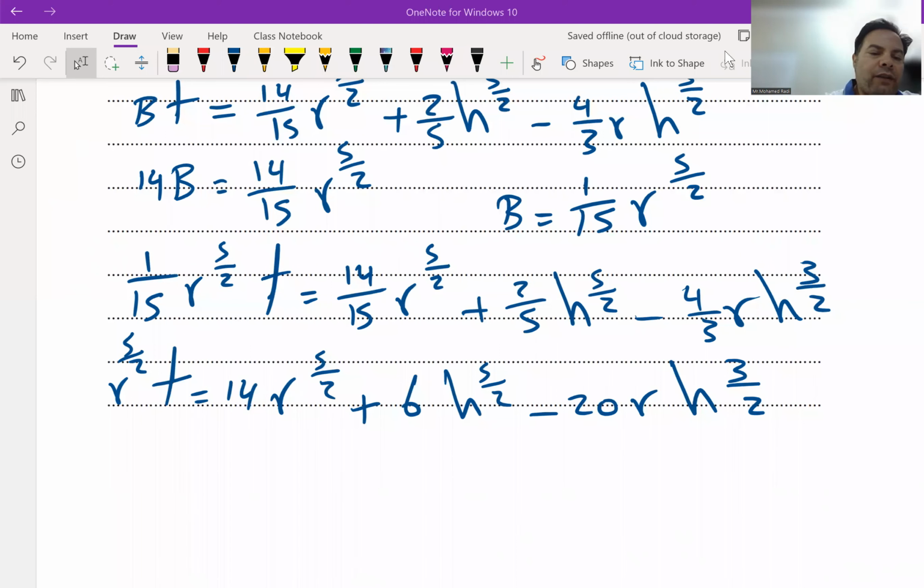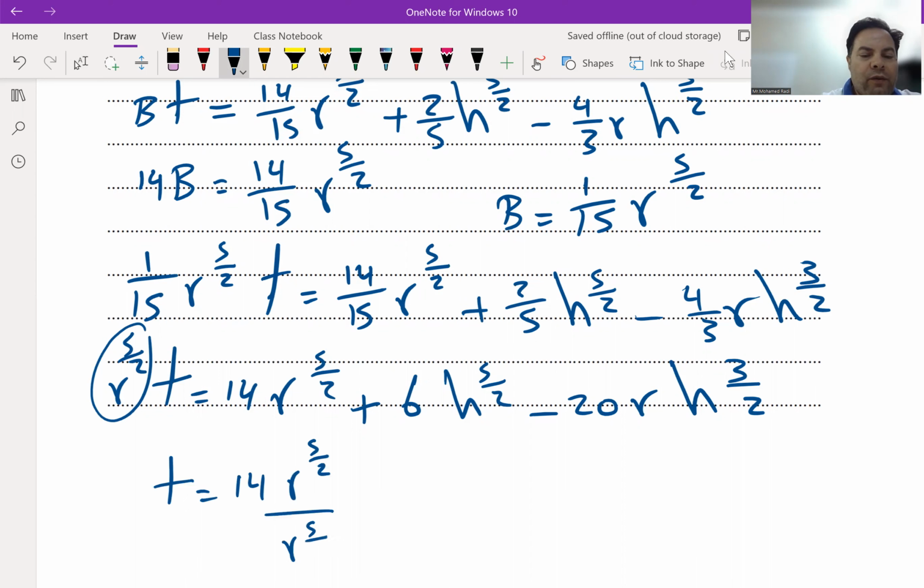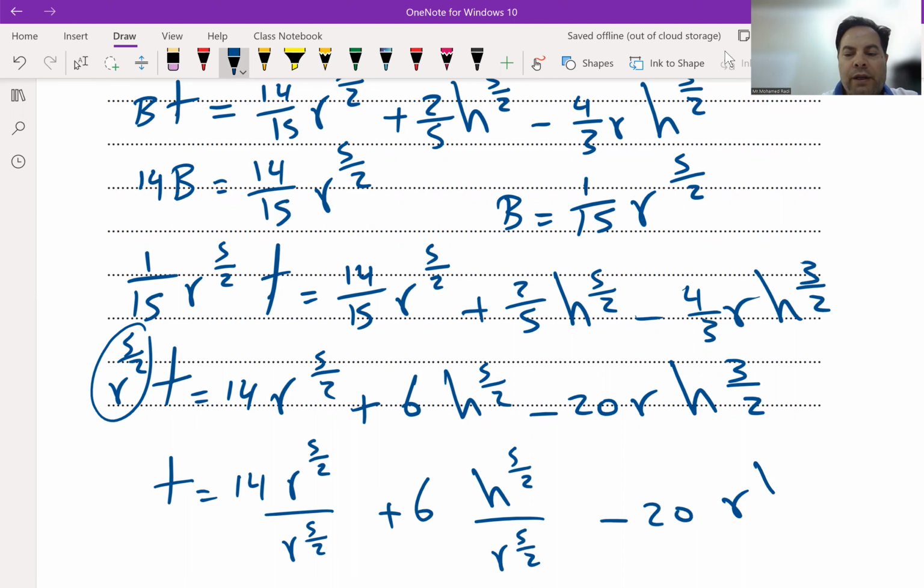Then you can divide by r^(5/2). t is equal to 14 r^(5/2) divided by r^(5/2), plus 6 h^(5/2) divided by r^(5/2), minus 20 r h^(3/2) divided by r^(5/2).